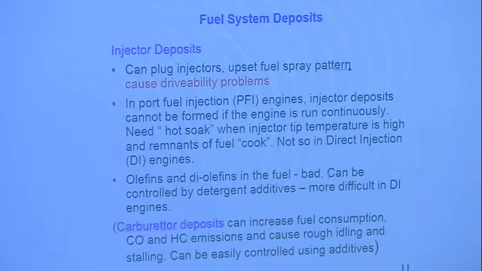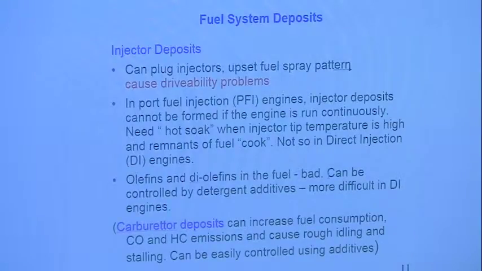The injector deposit cannot be formed if the engine is run continuously, because if the fuel is going through the injectors all the time, deposits just don't form, because whatever deposit precursors form are just washed away every time. So they need this special hot soak period, when the injector temperature is high enough and the little bit of fuel that's left behind in the injector cooks, basically.